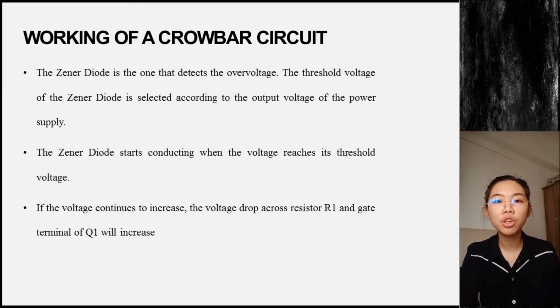If the voltage continues to increase, the voltage drop across resistor 1 and the gate terminal of Q1 will increase. In normal conditions, R1 acts as a pull-down resistor for the gate terminal of Q1 to keep it in a low condition.